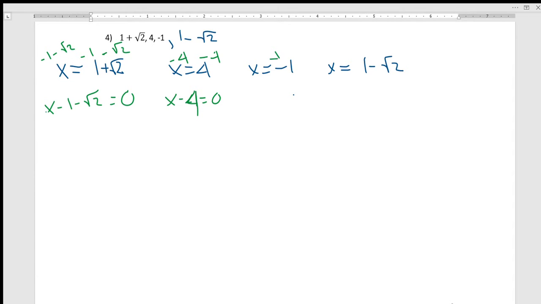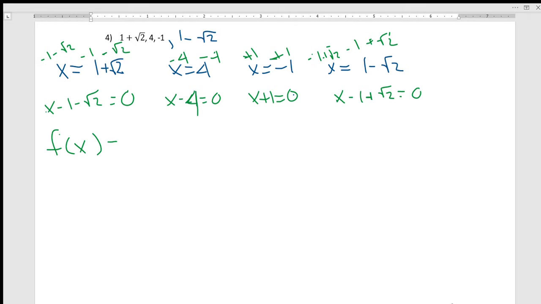Then we'll add the 1 to both sides, and we have x plus 1 equals 0. And then again, we'll subtract the 1 and add the root 2 to both sides, and we have x minus 1 plus root 2 equals 0. And there are all of our factors.